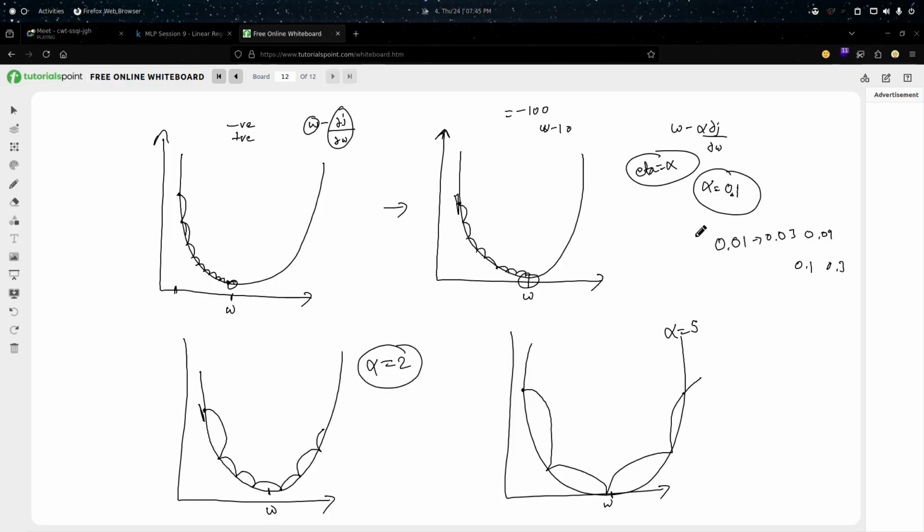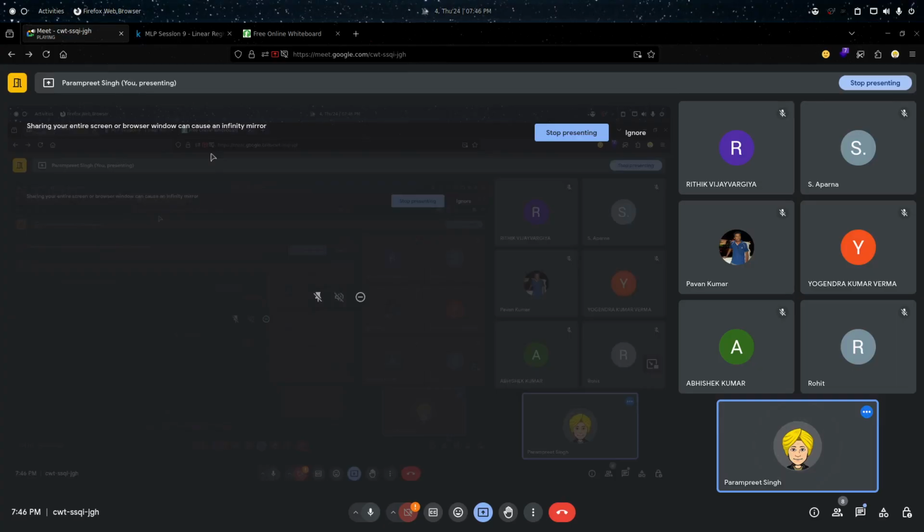We generally keep it in the range of 0.001 to 0.1, which is the suitable range for alpha, and we have to tune it. This is where hyperparameter tuning comes in. We use various alpha values and find the mean square error. Whichever alpha value gives us the lowest mean square error is the best value. So, are you all clear with alpha, the learning rate?